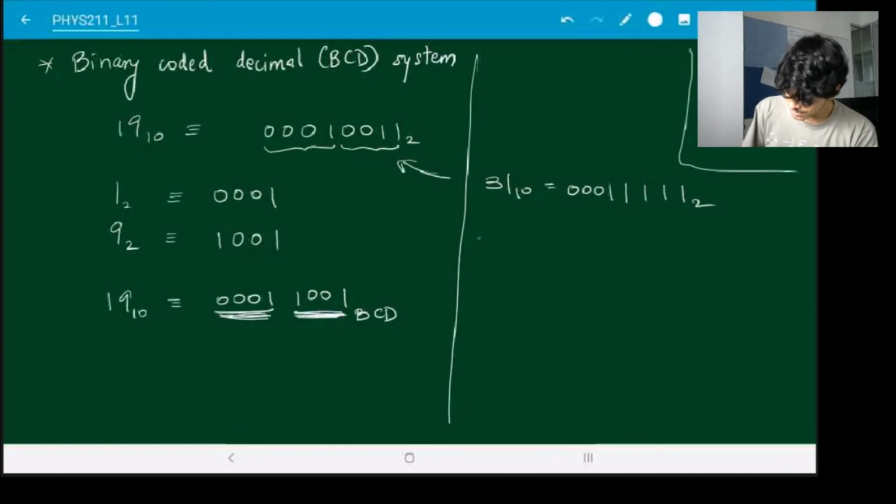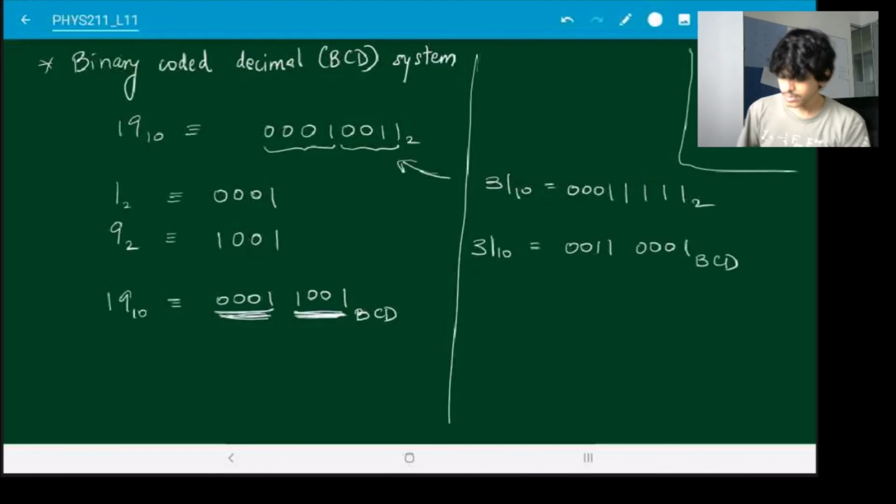But if I want to write the same number in binary coded decimal, first I'm going to write 3. So 3 is 2 and 1, so 0011. And 1 is just 1. So this is 31 written in BCD or binary coded decimal.